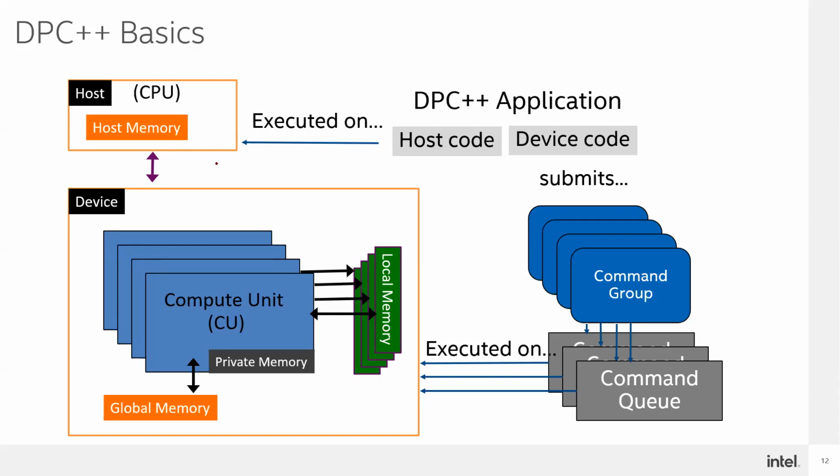So first statement: DPC++ is the implementation of the SYCL standard, right? All these terms which we are going to use today come from the SYCL specification, and most of them are derived from the SYCL 1.2.1 specification, not from SYCL 2020. You need to keep in mind that SYCL 1.2.1, the older standard, was purely based on OpenCL.